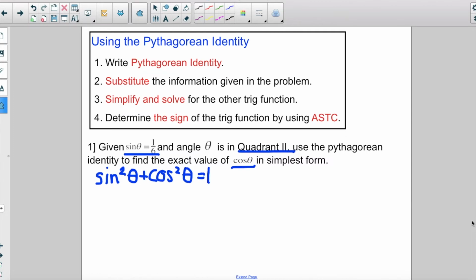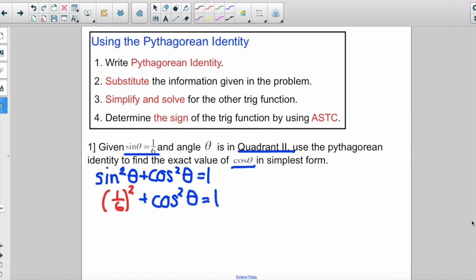Now, they tell us that sine of theta is 1 over 6. So for sine of theta, we are going to substitute 1 over 6. So you have 1 over 6 squared plus cosine squared theta equals 1. Now we just simplify and solve for cosine.